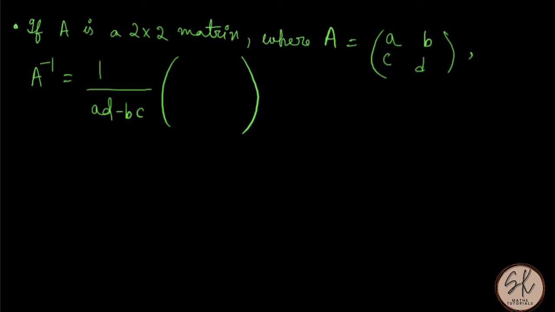Here, A and D will interchange. Okay, so here we will have D and here we will have A. Okay, and then before C and B we will have a minus sign. So here we will have minus C and here minus B. So this is the shortcut formula for finding the inverse of a 2 cross 2 matrix.